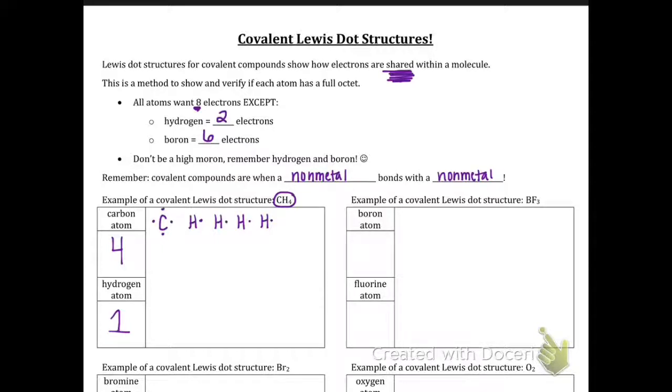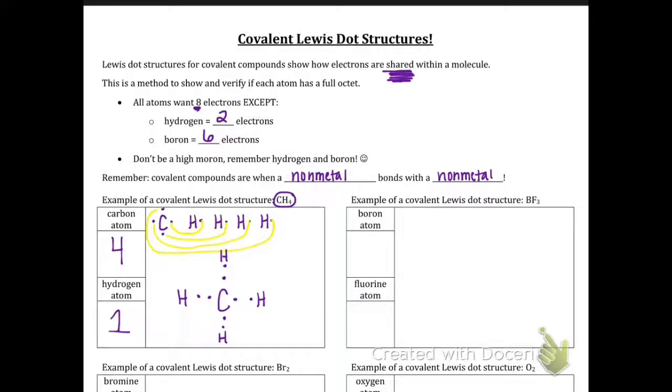So for example, this can pair up over here, this one can pair up here, this one can pair up here, and this one can pair up over there. So let's think about what that looks like. If I were to rearrange it into a beautiful fashion, we could say carbon that had 4 is now attached to this hydrogen, attached to this hydrogen, attached to this hydrogen, and attached to this hydrogen.